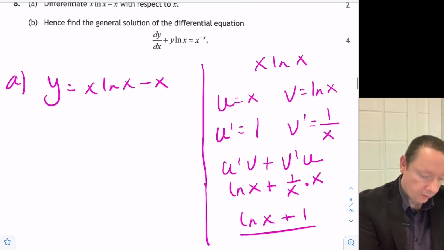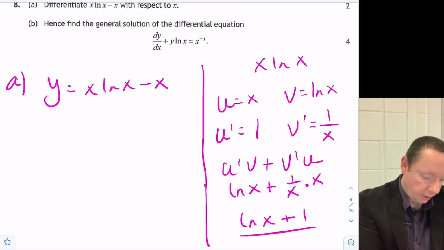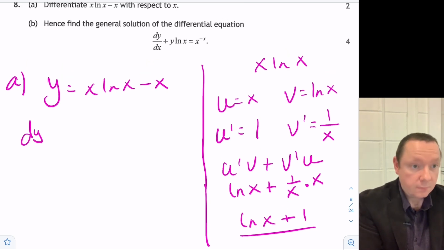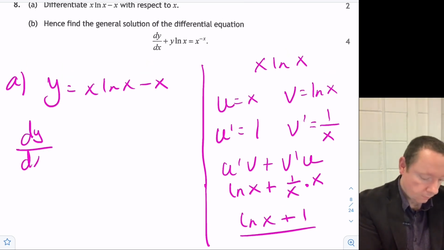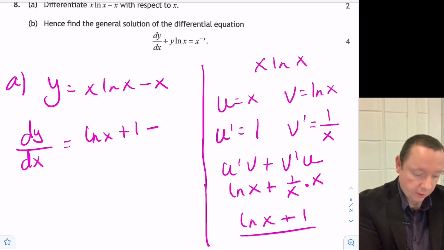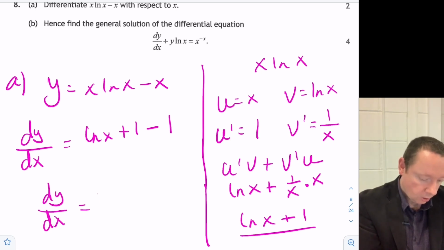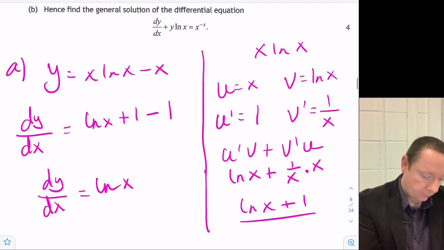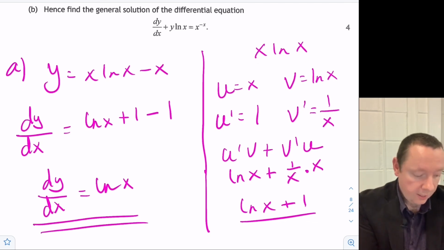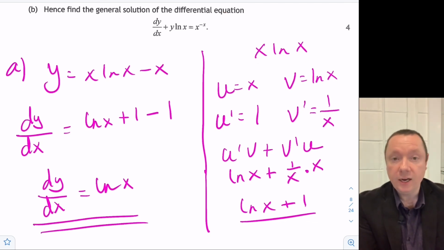So that means that on this side, differentiating it, dy by dx must be log x plus 1 minus 1, because differentiating x is just 1. So dy by dx in this case is just log x. Part B, hence find the general solution to this differential equation.